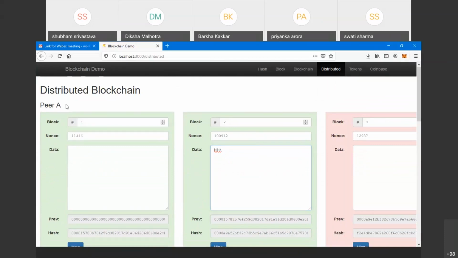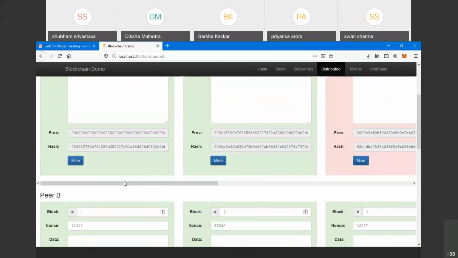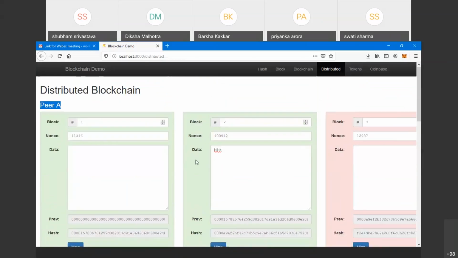If he is successful in convincing peer B or peer C to do all these computation activities for him, then in that case a 51% attack, one of the most commonly known attacks on the blockchain, might be possible.